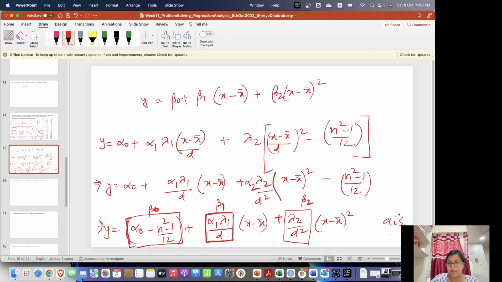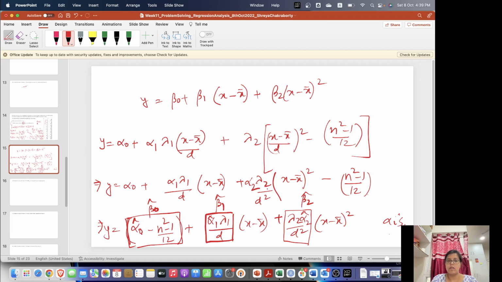So once we have the hat values, I mean the estimates for alpha naught, alpha 1 and alpha 2, then by calculating these modified versions, adding and by doing these adjustments, we would get beta naught hat, beta 1 hat and beta 2 hat. Is this clear?